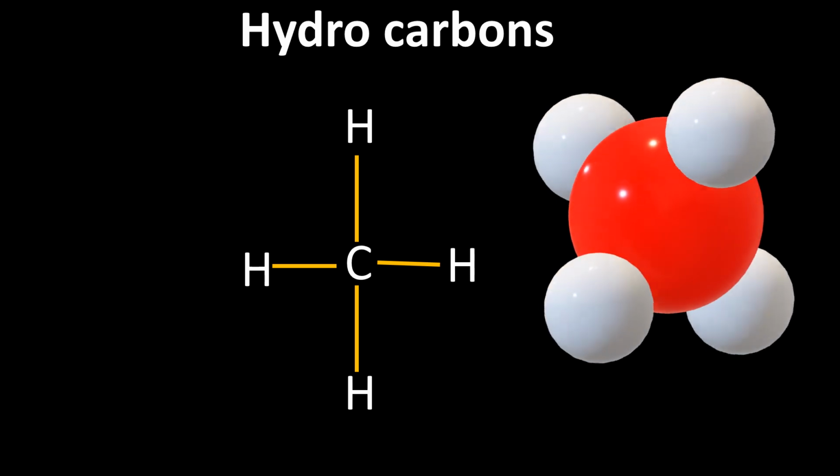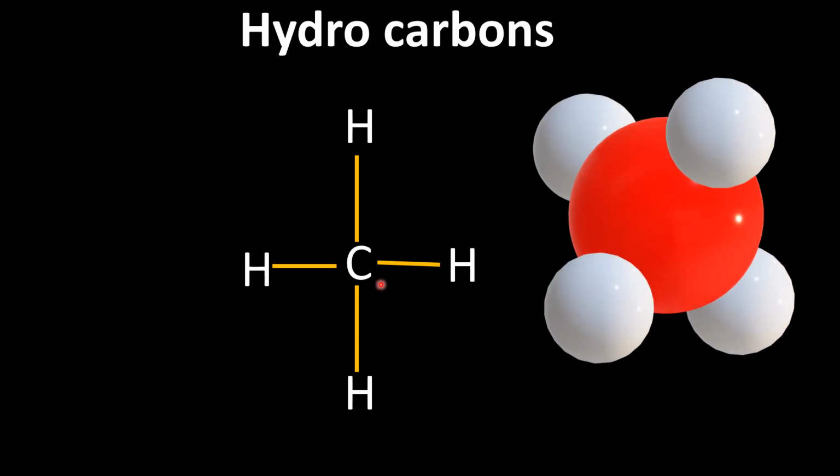Now look at the example of hydrocarbons, that is, when carbon and hydrogen are involved. This one is the carbon and this one is the hydrogen. As we know, carbon has 4 valence electrons, so it can share these 4 valence electrons with 4 hydrogen atoms, making 4 covalent bonds.